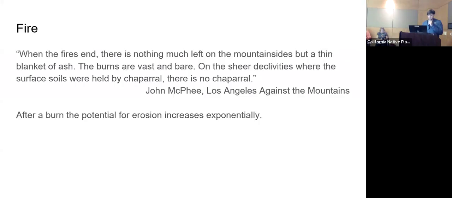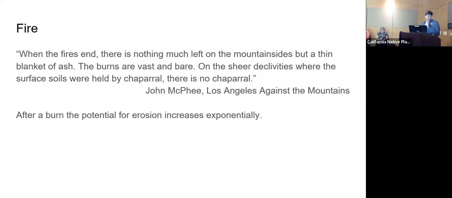And then there's one more element, of course, which is fire, which John McPhee also writes about. When the fires end, there's nothing much left on the mountainsides but a thin blanket of ash. The burns are vast and bare. On the sheer declivities where the surface soils were held by chaparral, there is no chaparral.